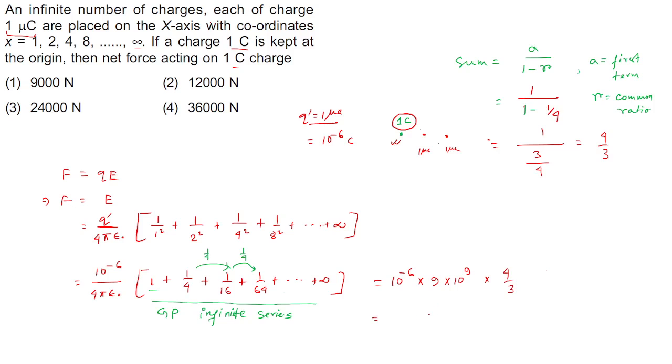So what will be the value if we calculate it? 9 divided by 3 is 3, and we multiply 3 with 4, that is 12. 12 into 10 to the power minus 6 into 10 to the power 9, that is, if we subtract 6 from 9 we have 3, that is 12 and 3 zeros after 12. So this is the net force that will be experienced by the 1 coulomb charge situated at the origin. So our correct option is option 2.